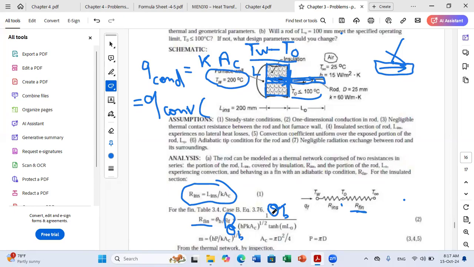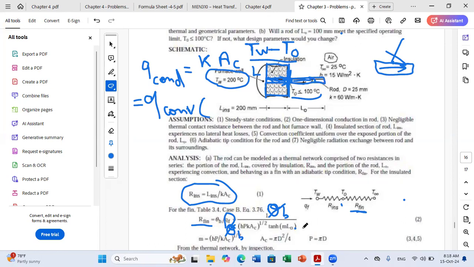You can simplify theta_b, and then you end up with the resistance of the fin being 1 over radical hP k A_C times tanh(M L_0). If you want to use the corrected lengths concept, then you don't consider tanh(M L_0), but you should add the corrected lengths corresponding to your circular rod.